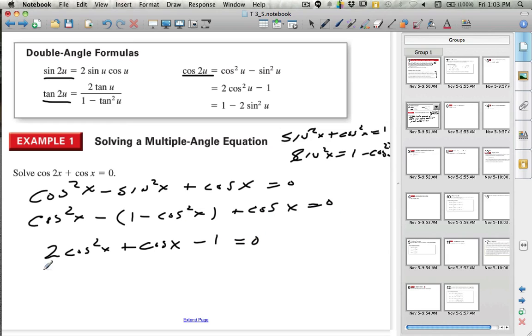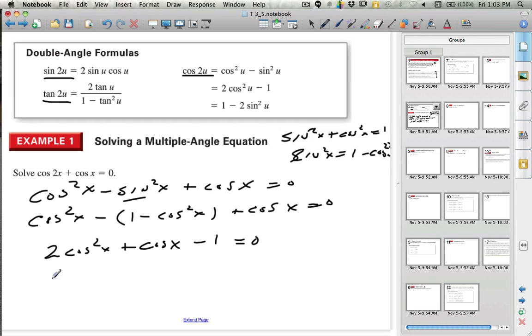Now, to continue solving this, I would want to factor it. I've made it a quadratic function. My initial problem was that I had sine squared in it, and I converted that to cosine squared and the 1. And now I want factors of these that are going to equal 0.